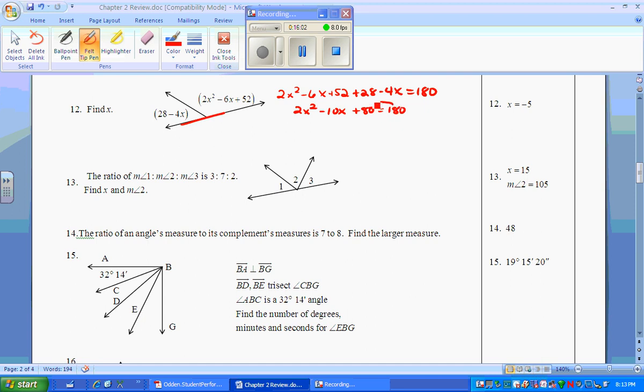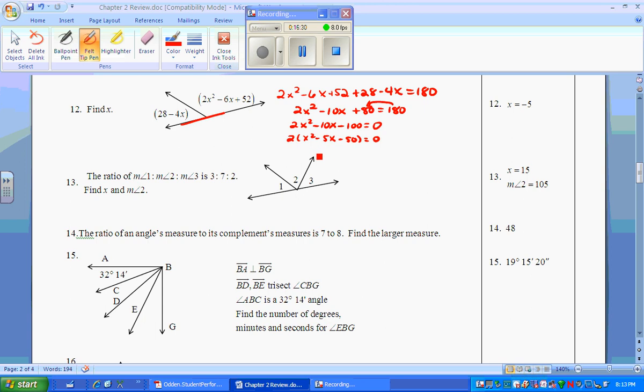Before you can factor, it has to equal 0, so minus this over this way. 2x squared minus 10x minus 100 now equals 0. Now we can factor. Doesn't have a leading coefficient of 1 yet, but wait a second. Everything is even, so that means we can pull out a 2, leaving us with x squared minus 5x minus 50 equals 0.